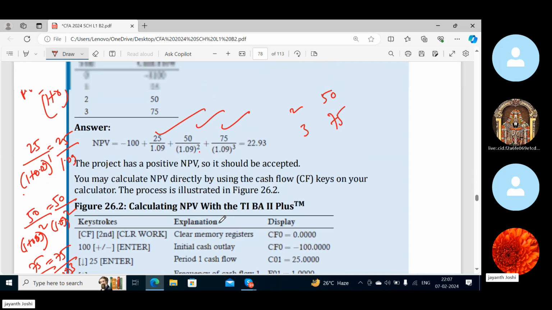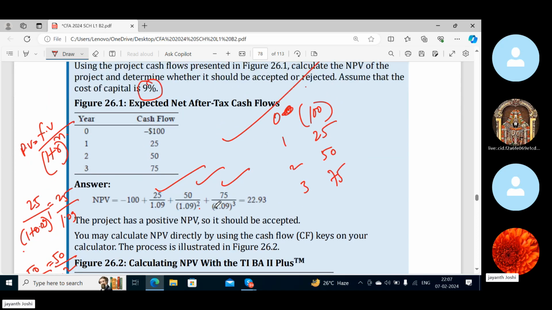We can do it in this way also. This can also be written as 25 into 1 by 1.09, plus 50 into 1 by 1.09 whole square, plus 75 into 1 by 1.09 whole cube. The value of each of these we can write here.